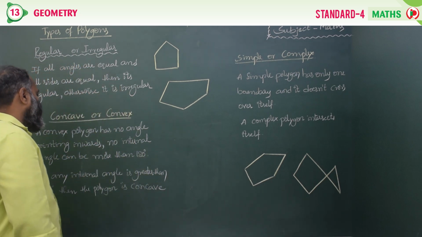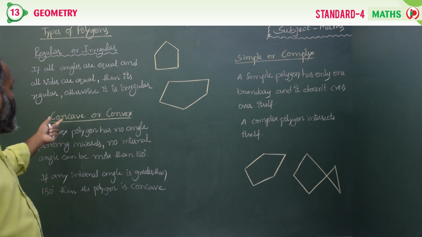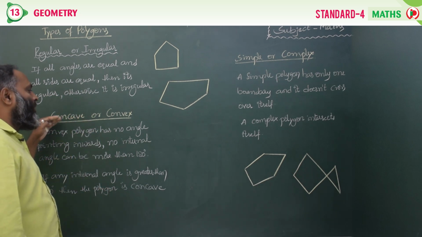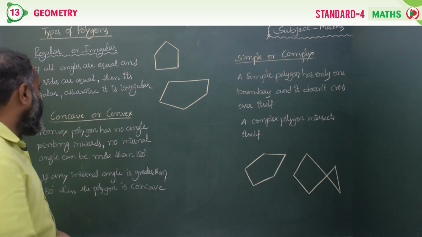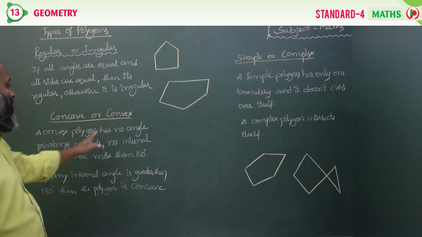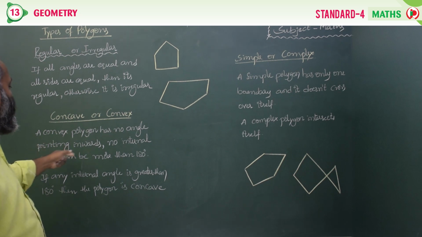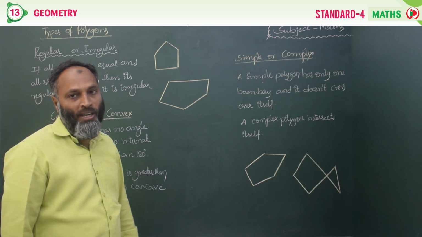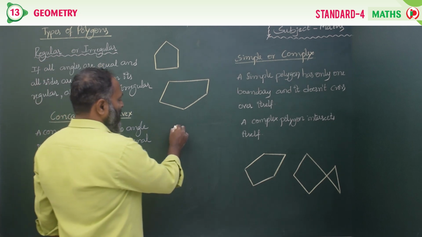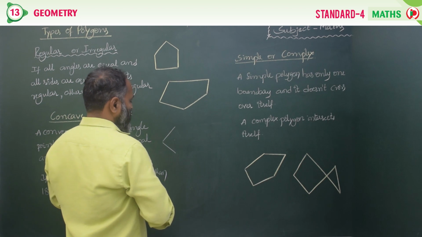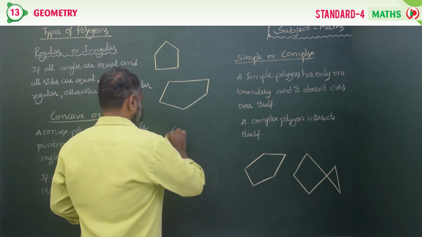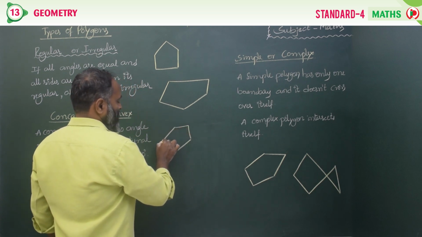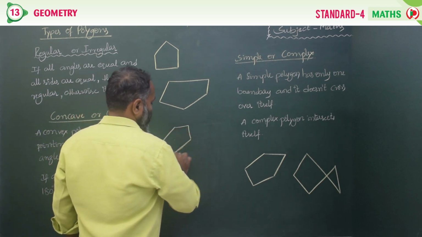Now after that, concave or convex polygons. What is a concave polygon and what is a convex polygon? A convex polygon has no angle pointing inward, which means no internal angle can be more than 180 degrees. See here, all the angles in this polygon are not more than 180 degrees.